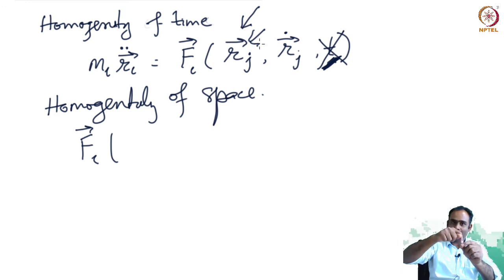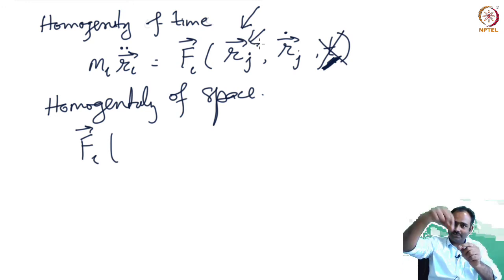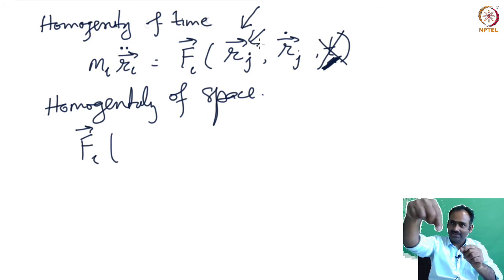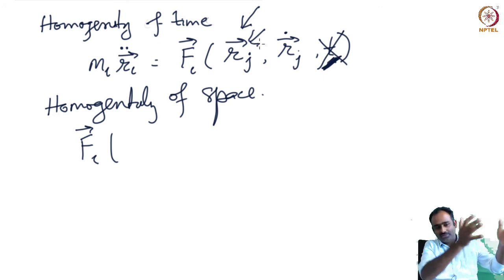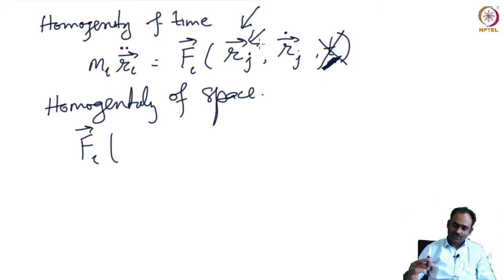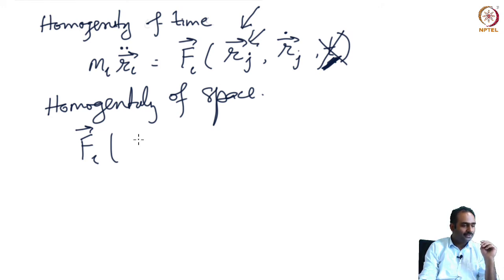We are talking about the forces on this one. So the separation between this and that, this and that. Because everything should give the same answer if I translate from here to there. Meaning the forces cannot depend on the locations of all the particles, but rather only on their differences. So I will write r_j minus r_k, where j and k run over all the particles.